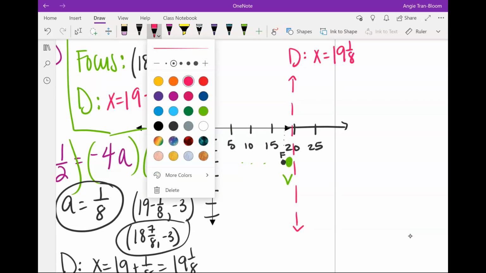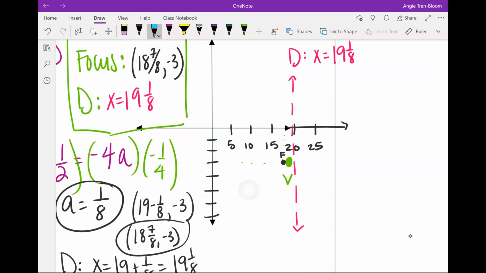Remember, you're going 1/4 from the focus. So here's 1/2, here's 1/4. I'm just going to eyeball this. This is going to be 1 skinny, okay, 1 skinny according to my grid. I went up 1/4 and I went down 1/4 from the focus as best as I can make 1/4.